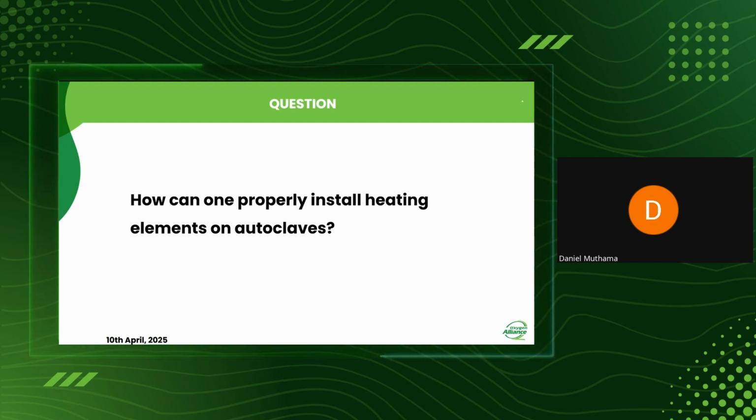If the contactor is faulty, maybe it's single phasing. Single phasing means one line is not passing through. Replace that contactor with the same rating. Is it C25? Is it C40? Replace with the same contactor. It will not be allowed to connect the electric heating element directly without the MCB and without the contactor. So if either of the two is faulty, you must replace it with the same rating.